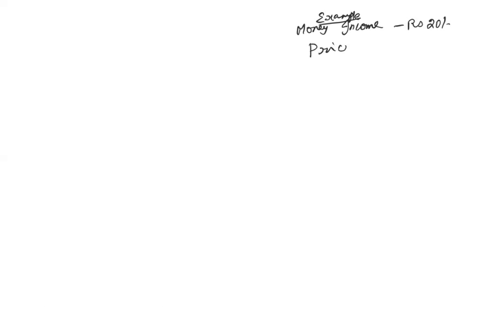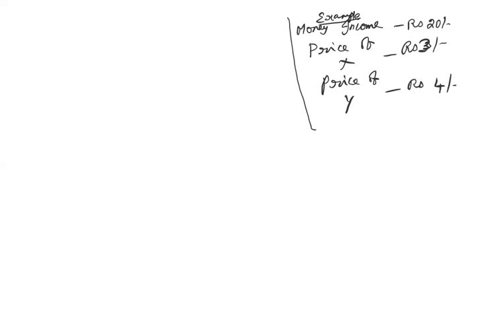Price of commodity X is rupees 3. This is only a hypothetical example. Price of commodity Y happens to be rupees 4. With this situation, let us see how he is distributing his limited income.